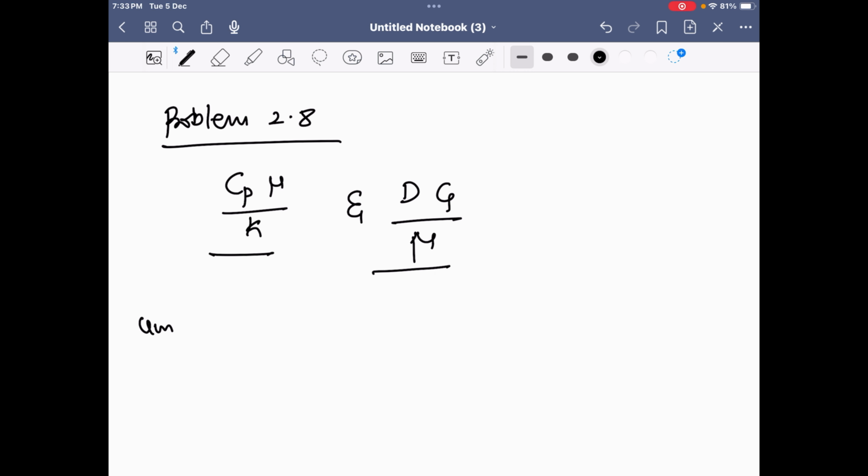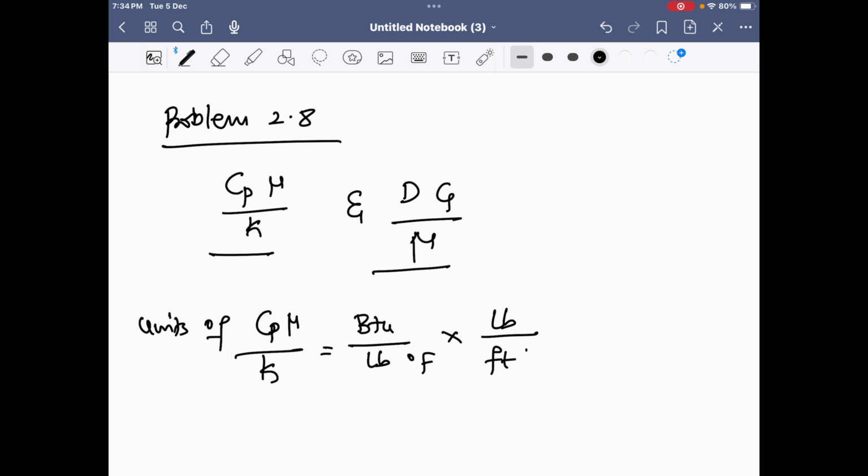So, the units of Cp mu by K. What is the unit of Cp? It is given in the problem itself, that is BTU per lb, that is pound degree Fahrenheit, multiplied by the viscosity, that is lb per foot hour, and the unit of K. What is the unit of K?